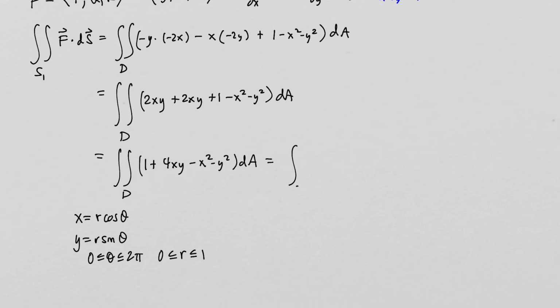This becomes the integral from 0 to 2 pi, integral from 0 to 1 of 1 plus 4 times x times y, that's going to be r cosine theta times r sine theta, which is r squared sine theta cosine theta, and then minus x squared minus y squared. Notice that we could write that as minus x squared plus y squared in parentheses, and that would be minus r squared. And then times r dr d theta.